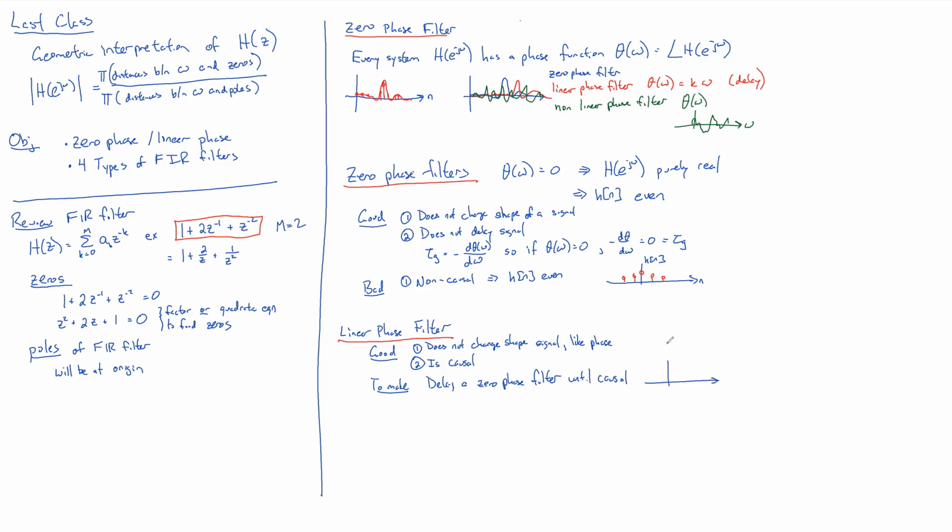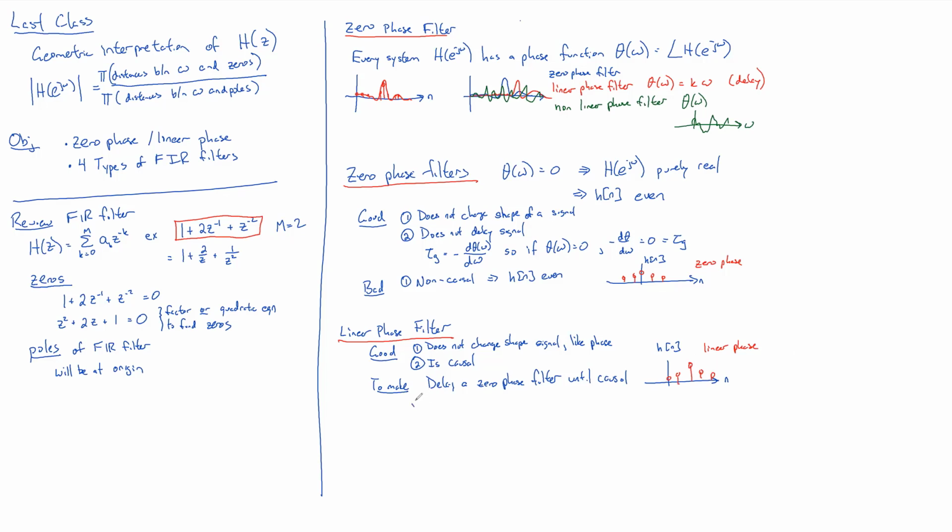So in our example above, this is our zero phase, and this is our linear phase. It's just that. And why is that?